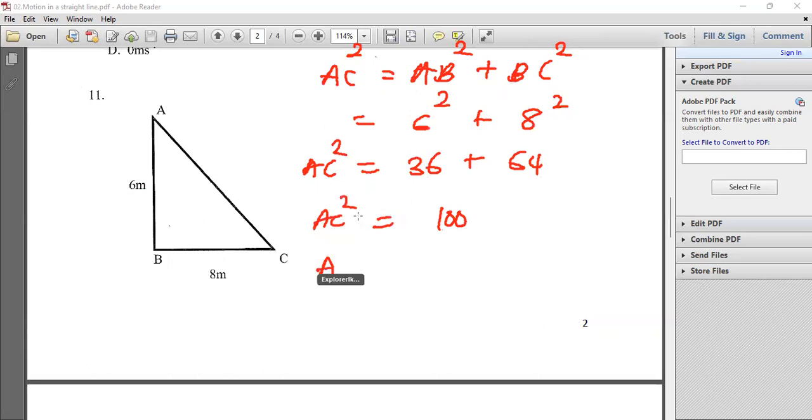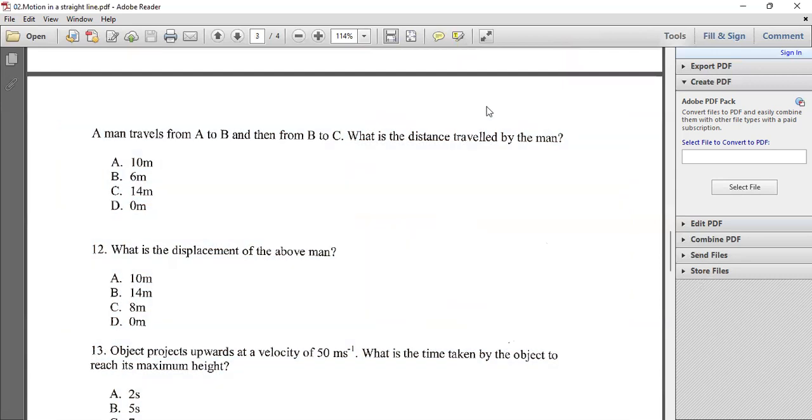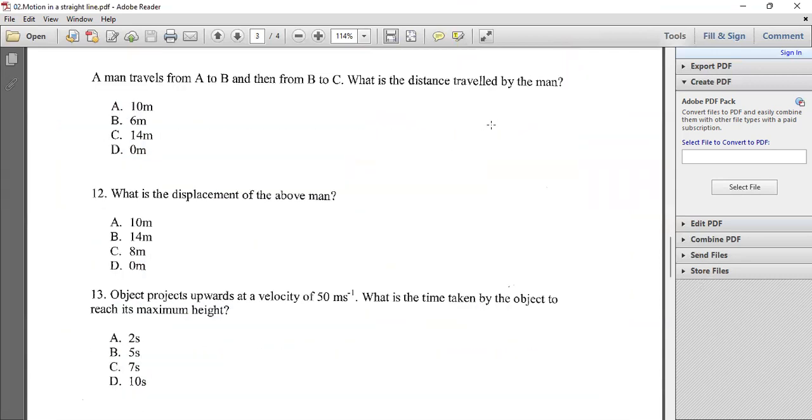To find AC, you need to take the square root of 100. So AC would be 10 meters. So you definitely get the answer there: 10 meters. This is the answer.